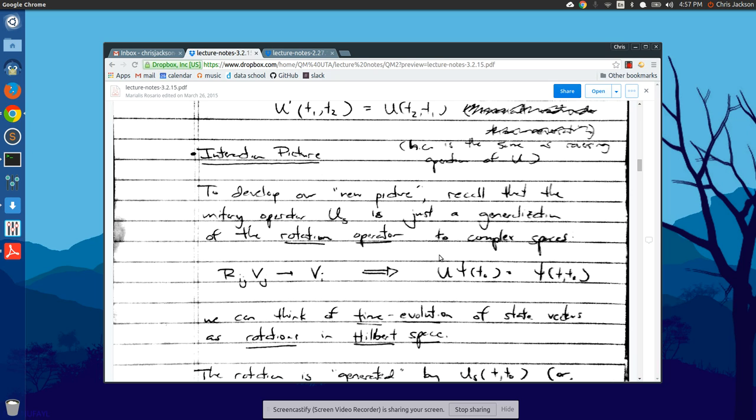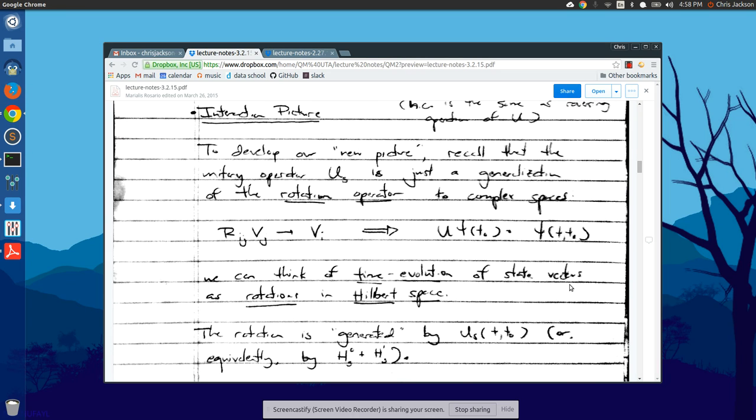And in time evolution, or even when we talked about spatial translations and rotations, like angular momentum, we saw that we could use this same idea, right? So we could take our state that starts out at T0 and apply this operator, and it would give us some new state at some later time T, or at some spatially translated position.